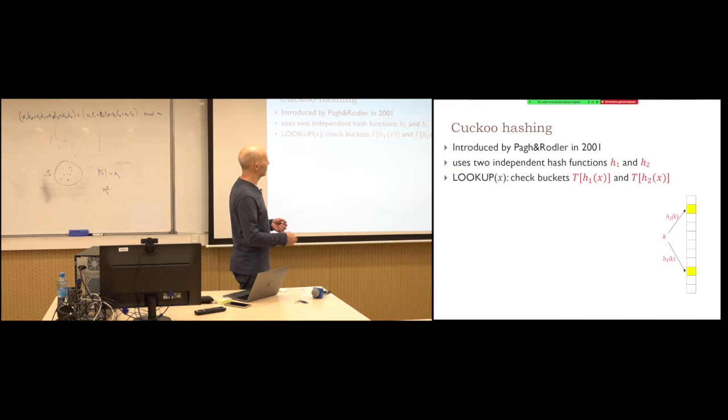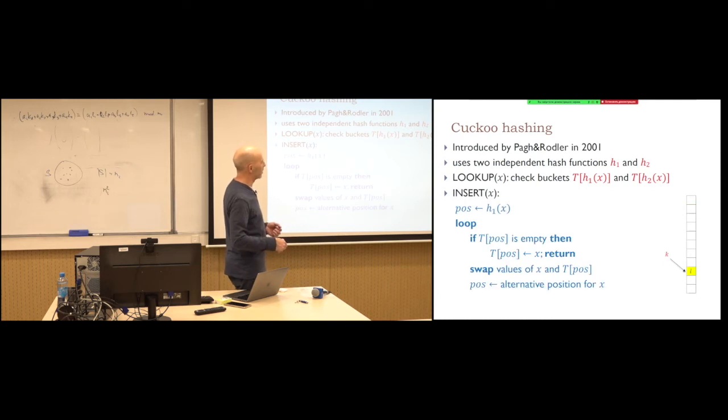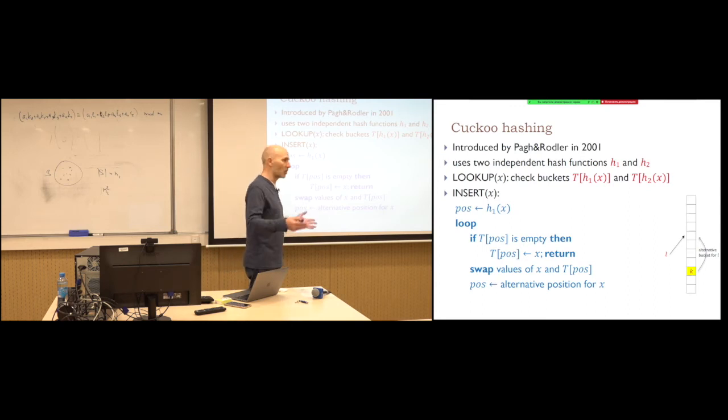If we want to place a key in a bucket which is occupied, we kick out the key which is there, place our key there, and place the key that was there in its alternative bucket. But then this alternative bucket can also be occupied, so we have an iterative process. This is the algorithm for insertion.